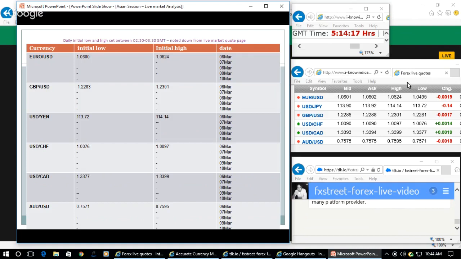Because earlier I was able to get the feed directly from the interbank treasury, and that was showing exactly the highs and the lows. When they found that I'm able to track the intentions of the players and also post in FX Street and other websites, they stopped providing such feeds.